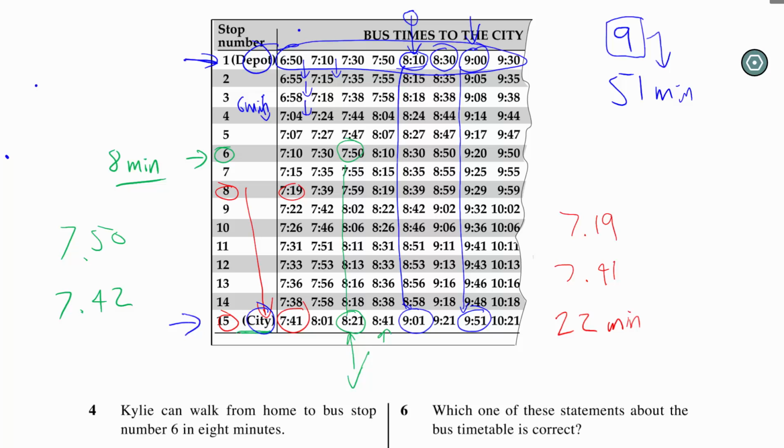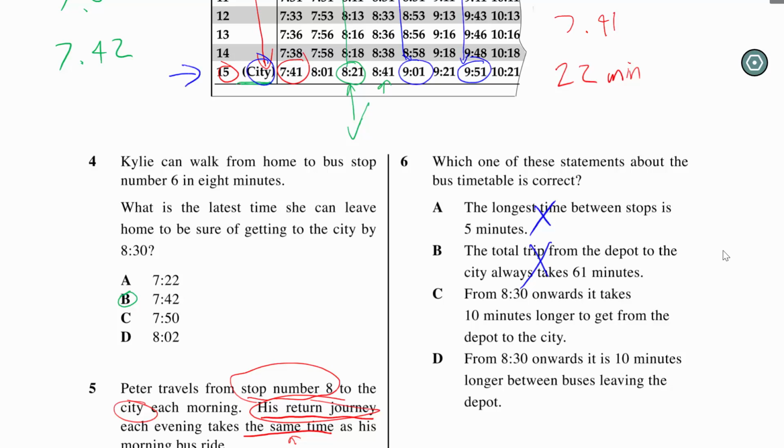So if the bus leaves at 8:10, it also takes 51 minutes. Which means C cannot be right. Now, you can just select D because we've eliminated the first three options, but it's always best to check that the one that you select is right.